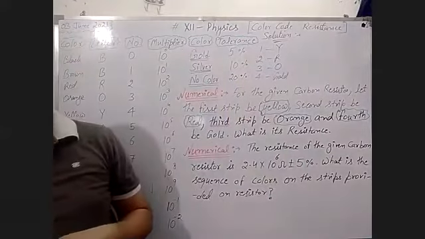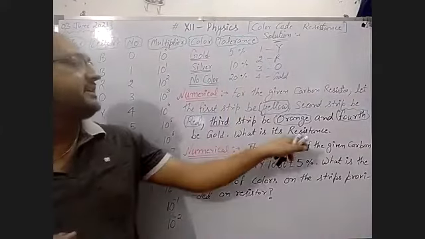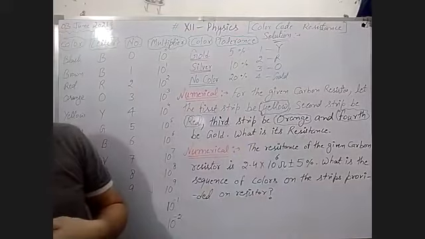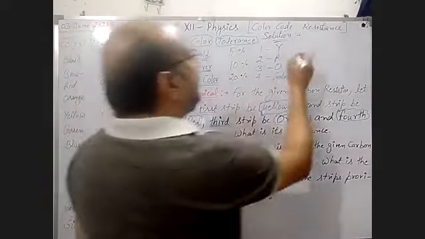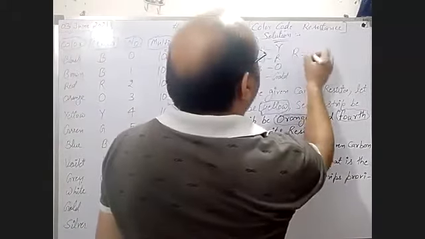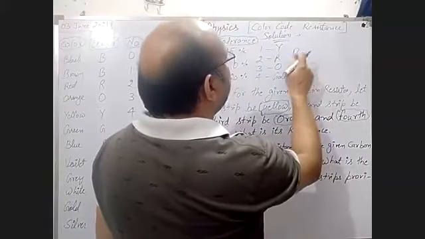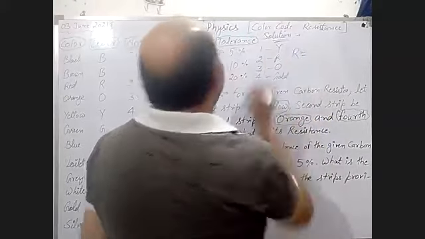We have to calculate the resistance. Resistance R is equal to, first one yellow.